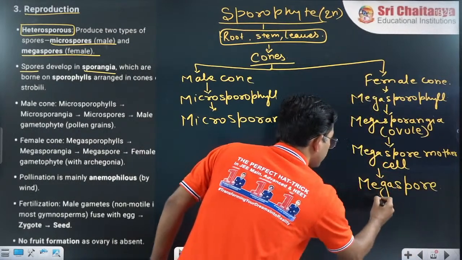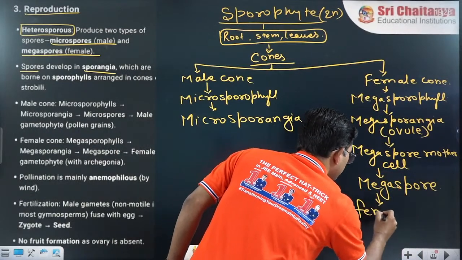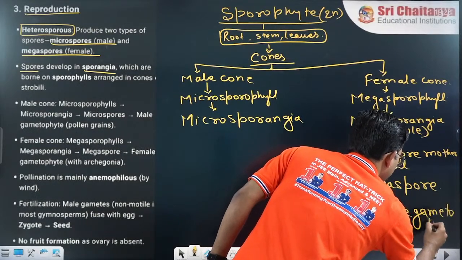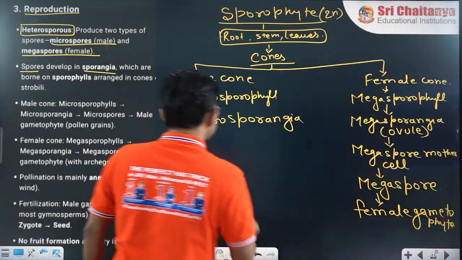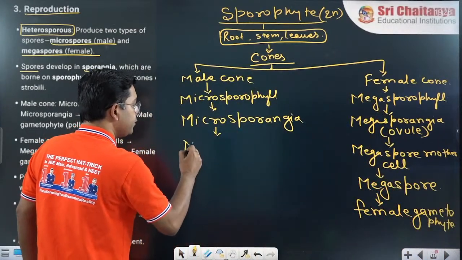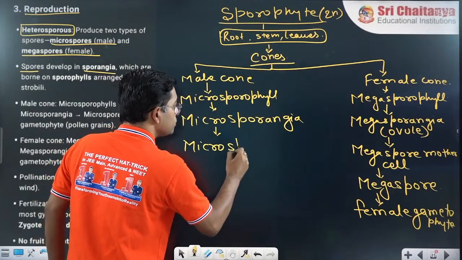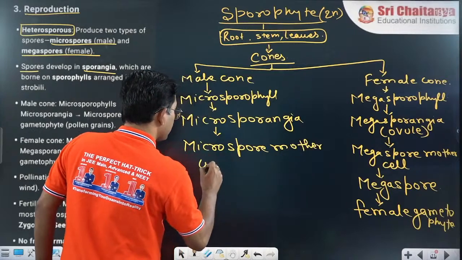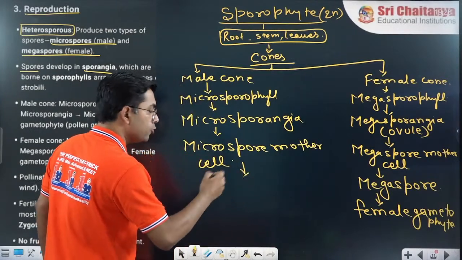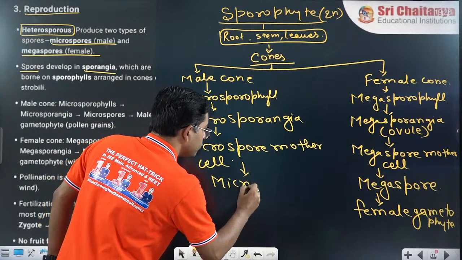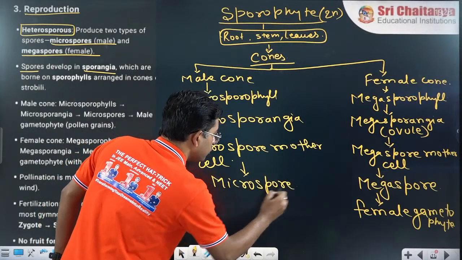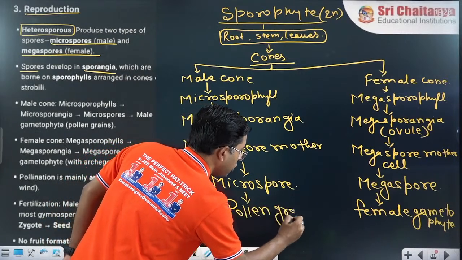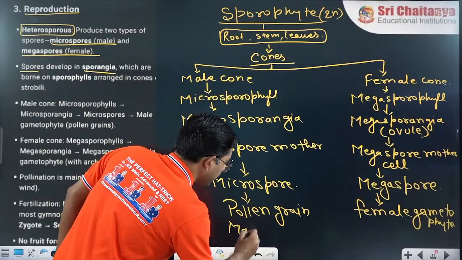This megaspore will form female gametophyte. And on this side, microsporangia will have microspore mother cell. Microspore mother cell undergoes meiosis and forms microspore. This microspore will form pollen grain, and this pollen grain is also called male gametophyte.